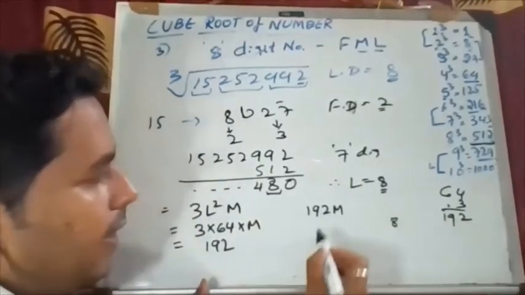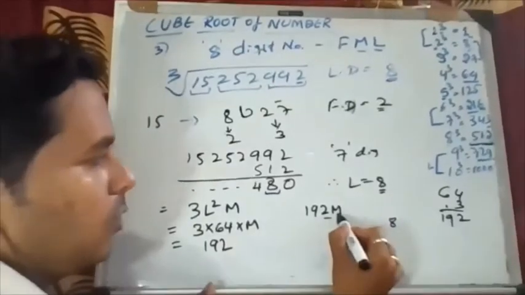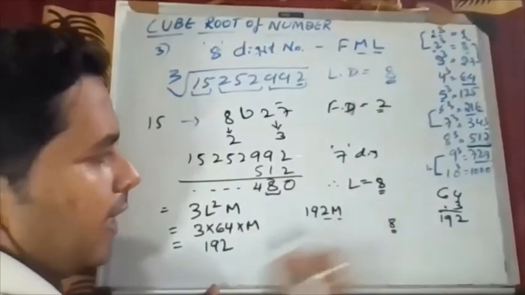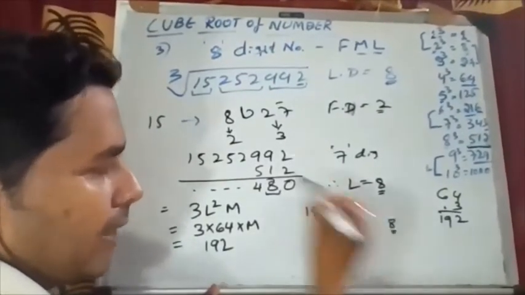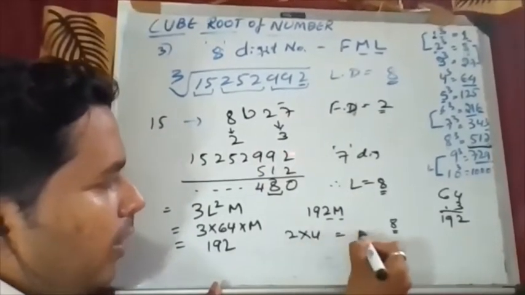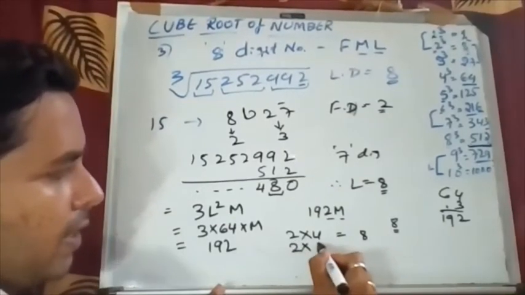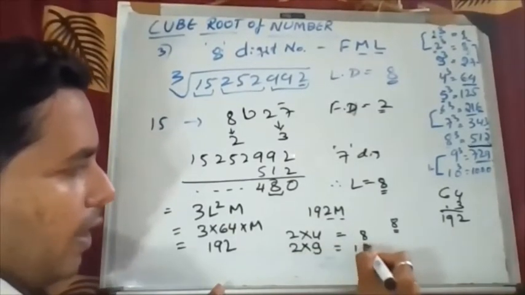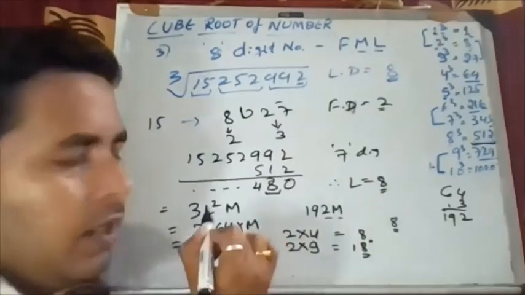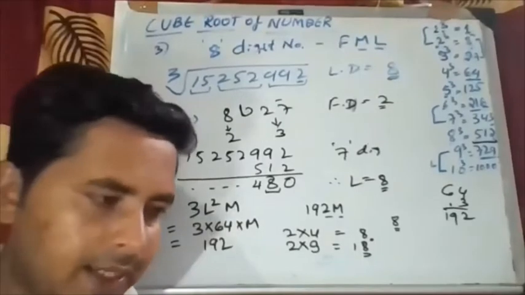So उसके लिए क्या करना है, just consider 2 and m. Don't consider the full number, consider 2 and m. Any digit क्या है, 8 है. So if I consider the 2's table, 2 into 4 is 8, and 2 into 9 is also 18. Okay, 2 into 4 is 8 and 2 into 9 is also 8 in the last digit.